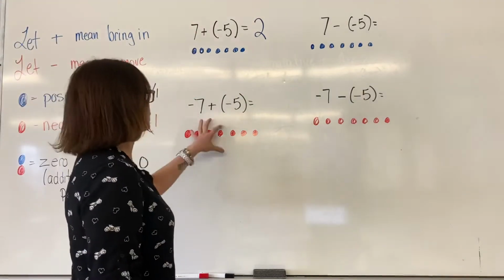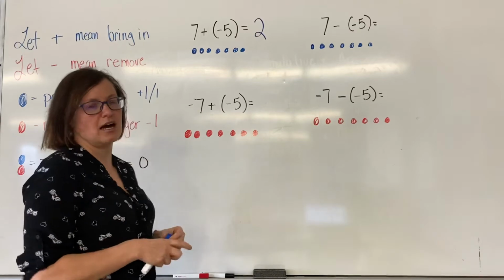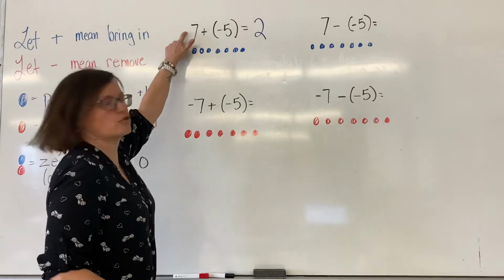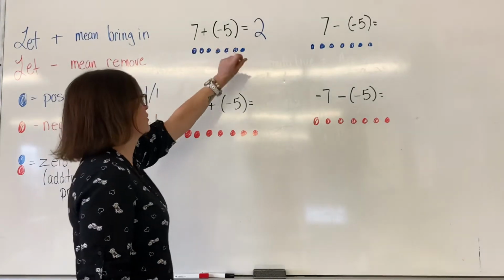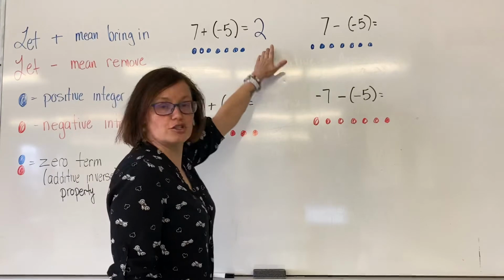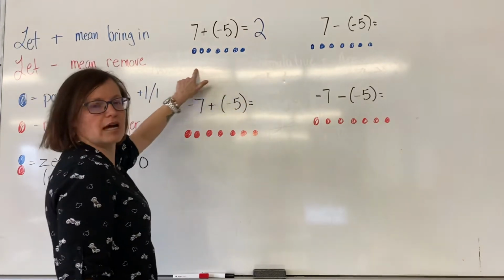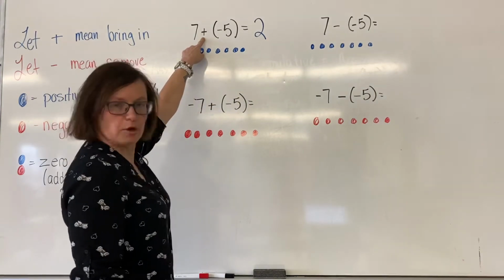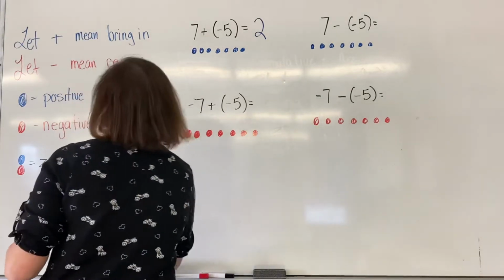The first is my addition operation, so I'm bringing in an integer. So +7, I know it's positive because there's no symbol, plus -5. And I know my answer is 2. So how did I get that? I start with my 7 positive integers, and then that operation plus means bring in 5 negatives.